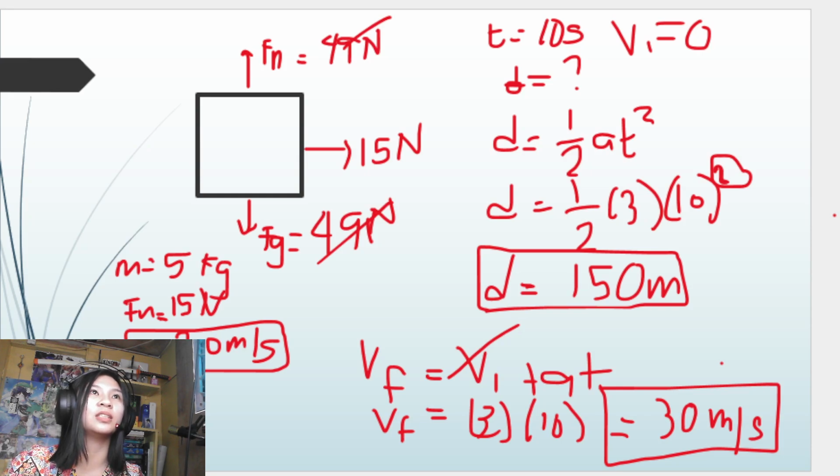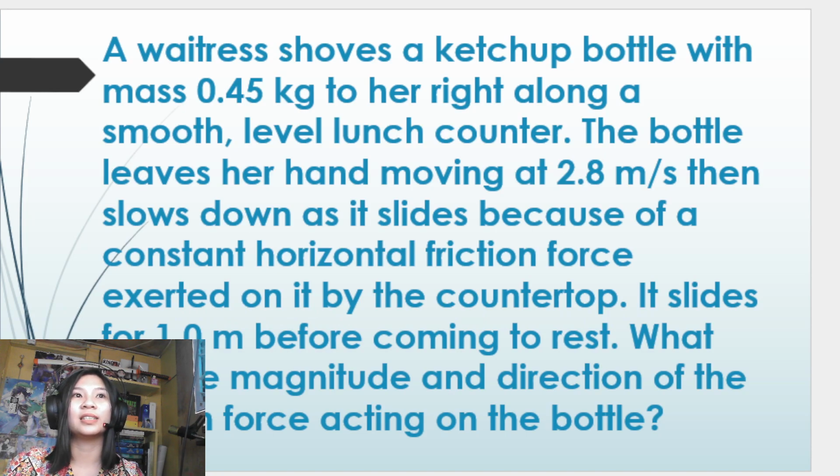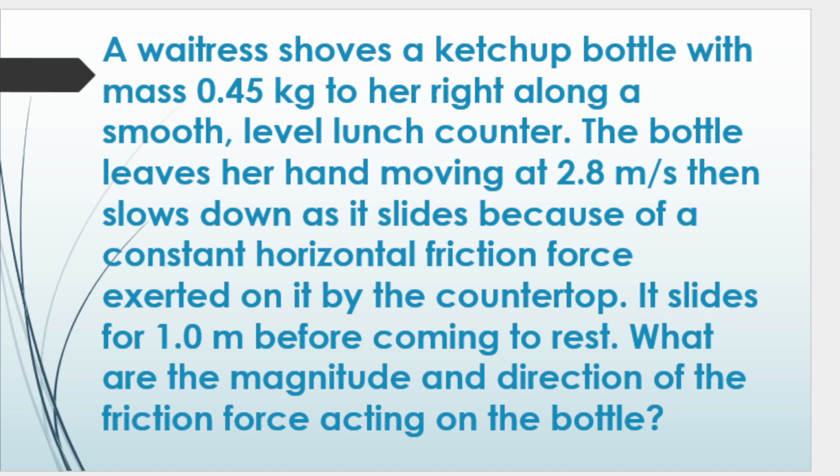Okay, so these are some of the applications. We also have other applications, practice questions. First we have here: a waitress shoves a ketchup bottle with a mass of 0.45 kilogram to her right along a smooth level lunch counter.